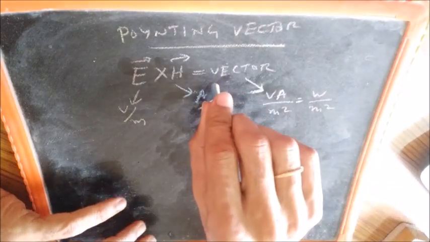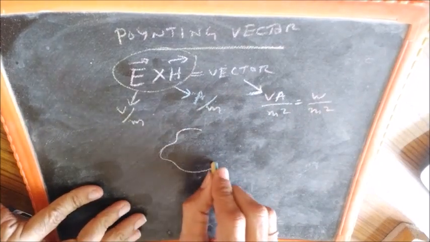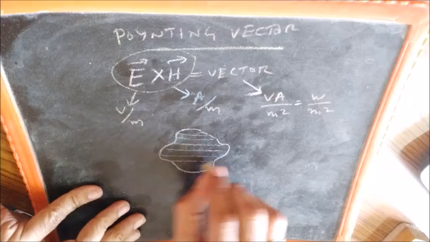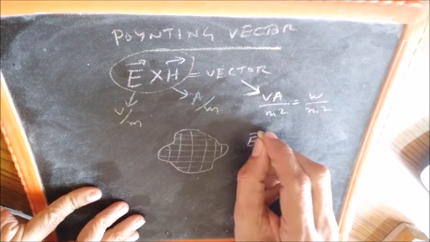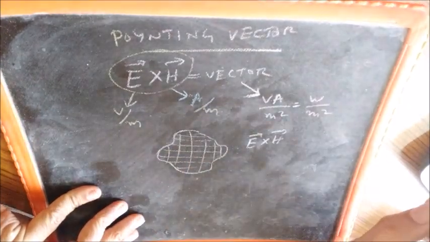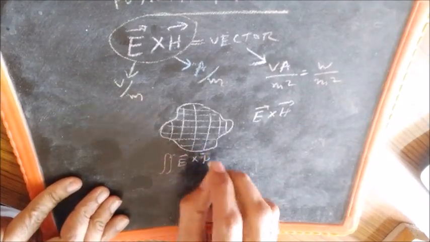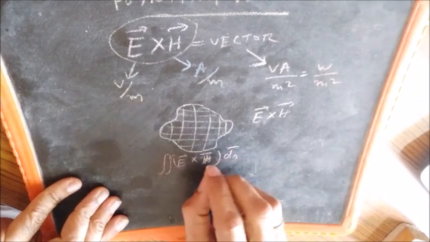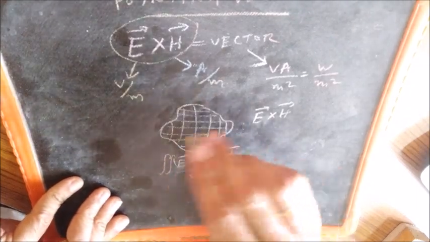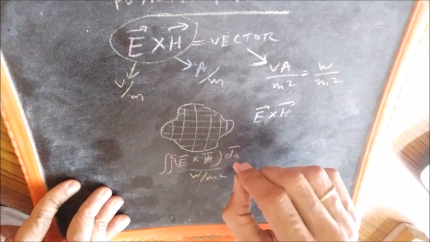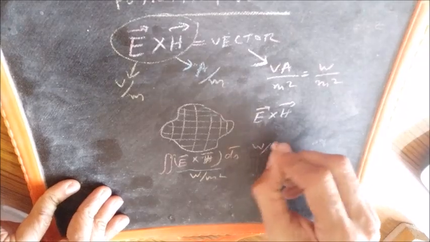Now, the specialty of this vector is that if you take any surface and integrate over this surface the vector E cross H ds, this is dimensionally watt per meter square, and when you integrate it over a surface, the result will be watt per meter square multiplied by the area of the surface, and the result will be in watts.